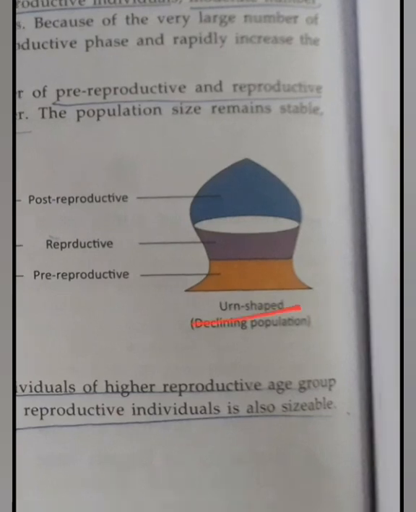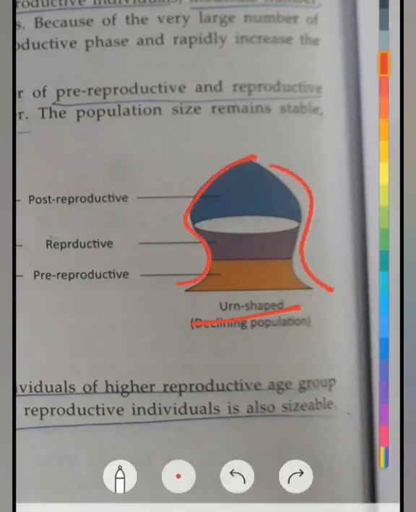Lastly, our third age pyramid is the urn-shaped age pyramid. The shape is like that of an urn, and it represents a greater number of individuals in the reproductive age group than in the pre-reproductive age group. The number of post-reproductive individuals is also sizable, but it is a diminishing or declining population with negative growth.